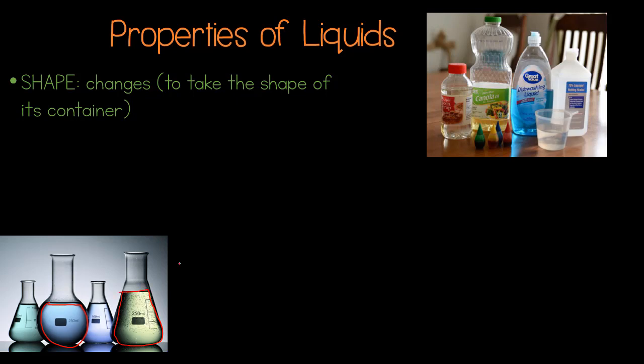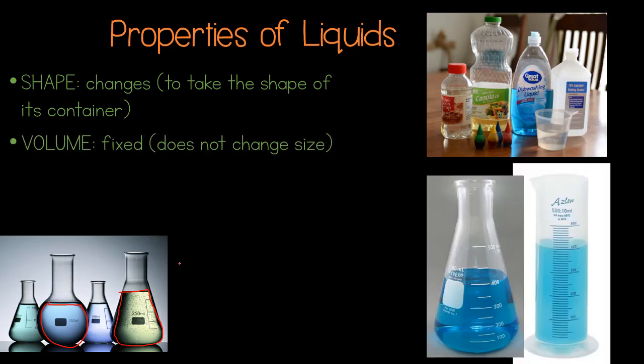But even though the shape changes, the volume of liquids stays the same. If I pour 400 milliliters of liquid from the flask on the left into the graduated cylinder on the right, the shape is going to change from the flask shape to the graduated cylinder shape, but the volume stays the same.